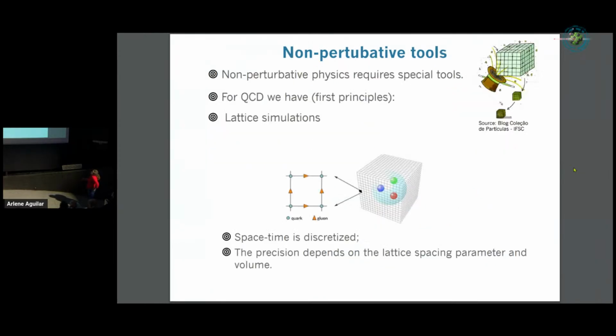And what are the non-perturbative tools based on first principles that can compute these Green's functions? The first one is the lattice, which discretizes space-time, and the precision of the lattice simulation depends on the lattice spacing and the volume of the lattice.